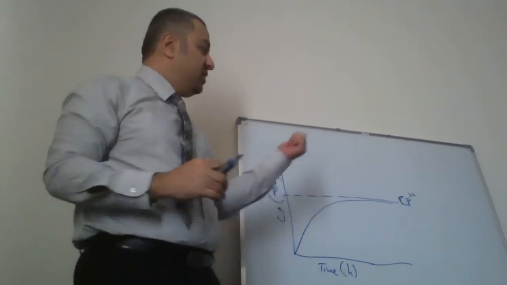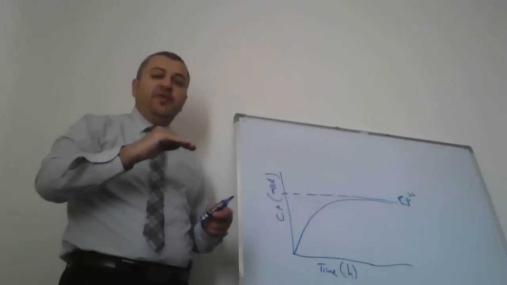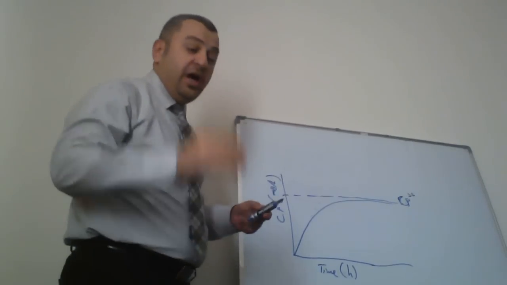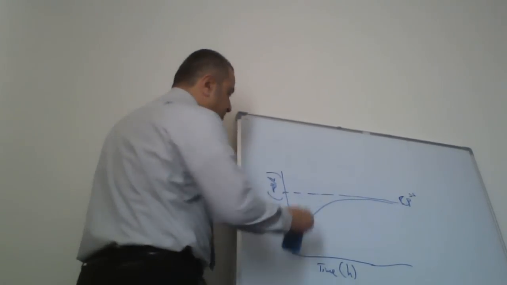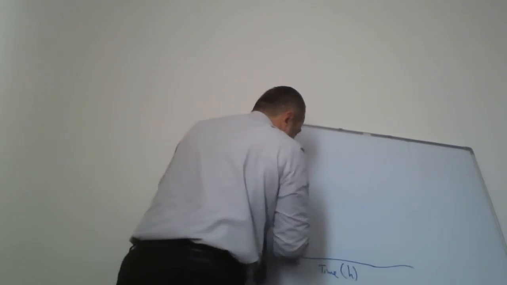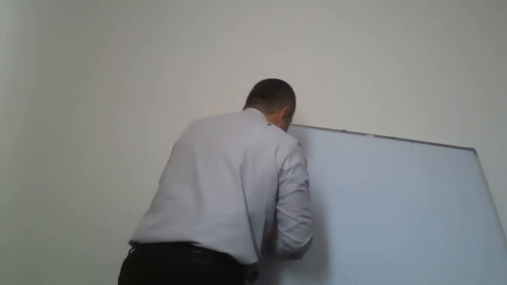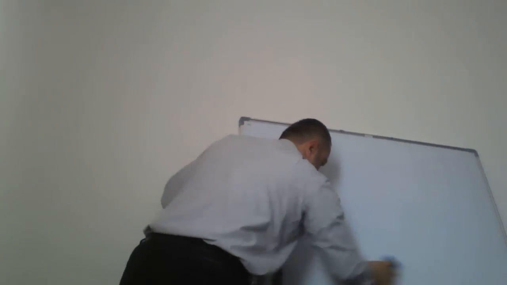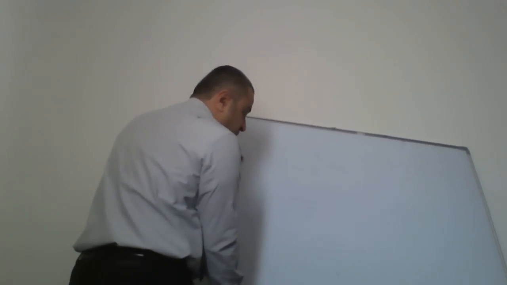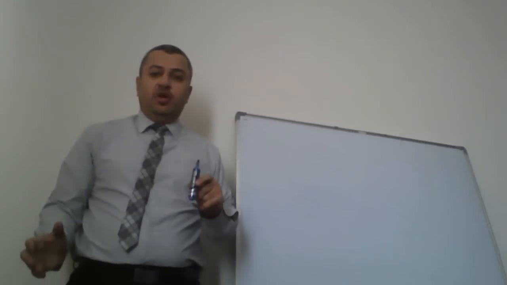Of course, that is your target, and your target should be between the minimum effective concentration and the minimum toxic concentration. So you need to adjust the infusion rate to get the steady state concentration.